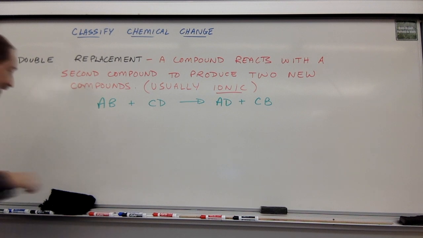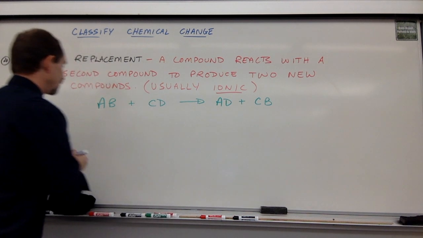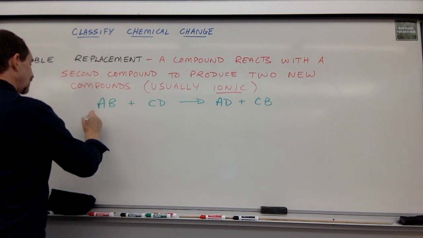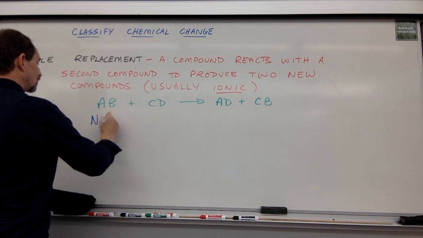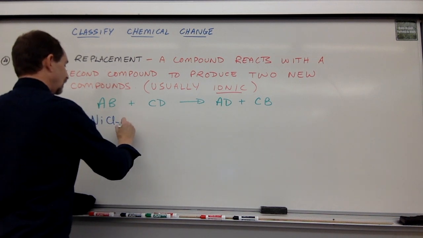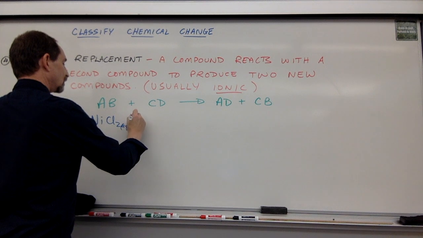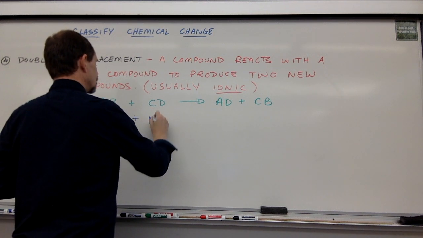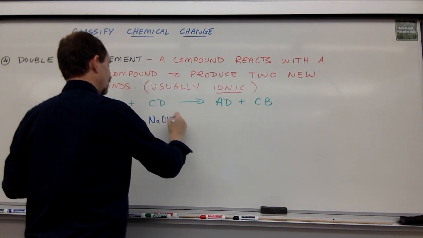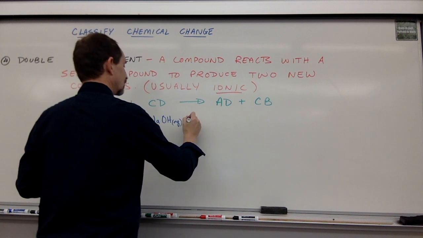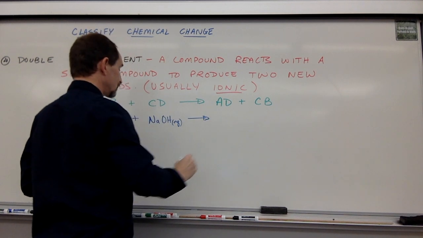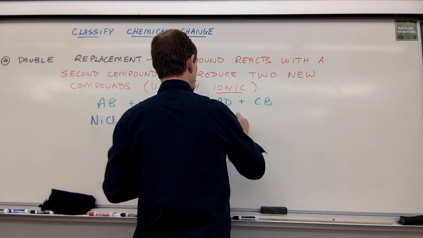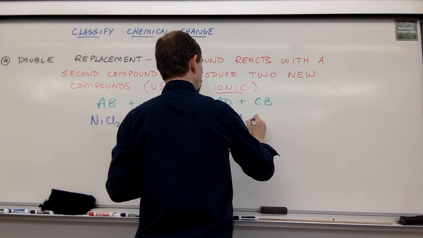A specific example of this could be nickel chloride dissolved in water reacting with sodium hydroxide dissolved in water. That would now produce sodium chloride, which will be water soluble.